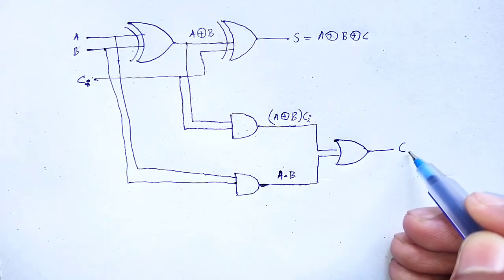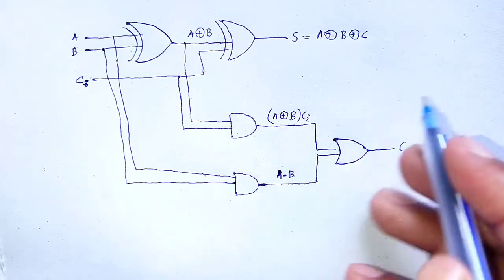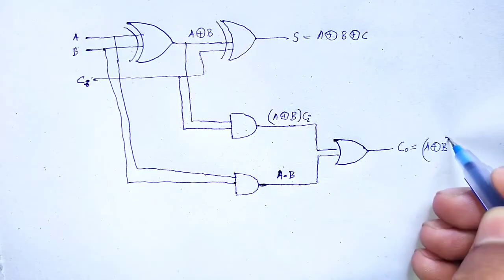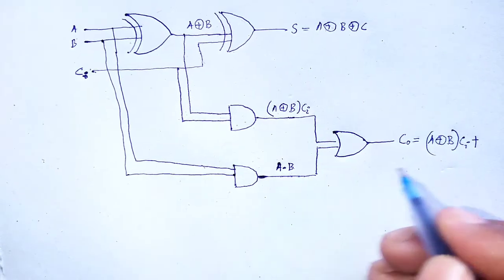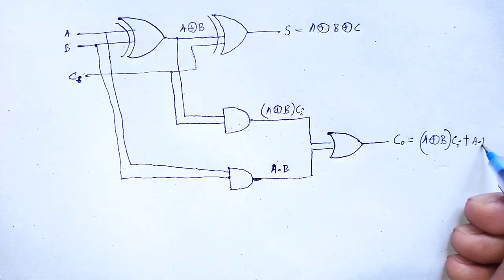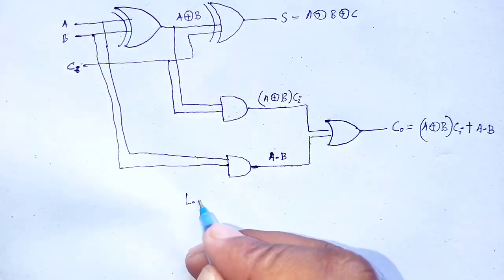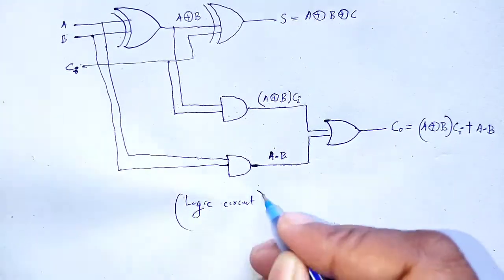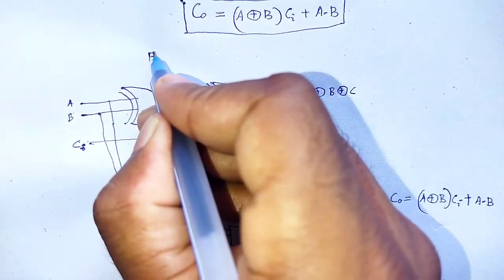So carry output here we obtain A XOR B carry input plus A and B. That one is the logic circuit for full adder.